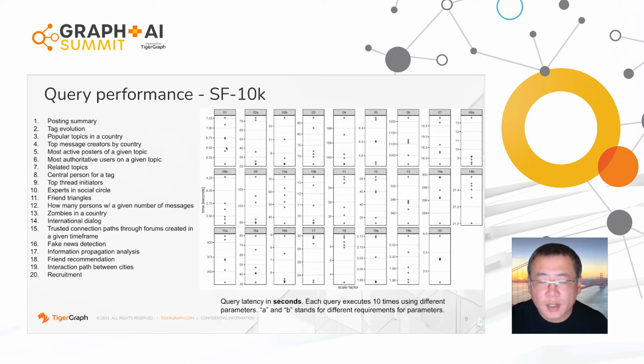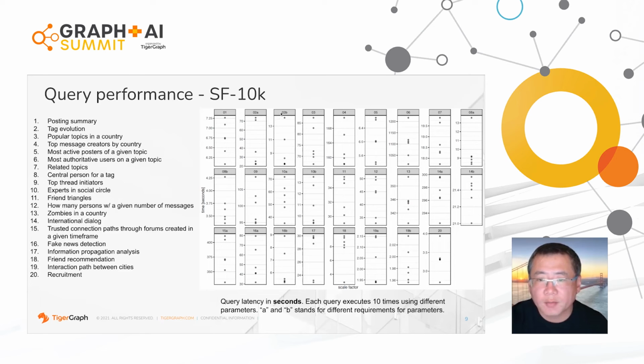Each box represents one query, and the BI query workload consists of 20 BI queries from query 1 to query 20. Some queries require two sets of parameter input. For example, query 2 requires parameter 02A. That's one set of parameters for query 2.